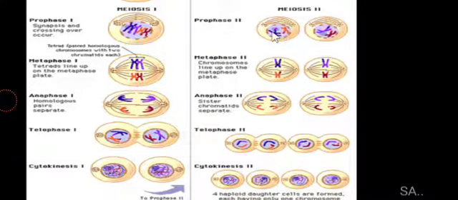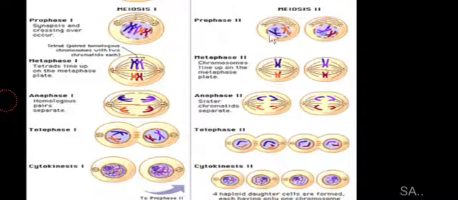At the same time, the nucleolus will disappear and the nuclear envelope will start disappearing. The centrioles will move towards the opposite poles and they will form the spindle fibers. Why is this important? Because the spindle fibers will attach themselves to the chromosomes, okay? And the point to which they are attached is called the centromere.